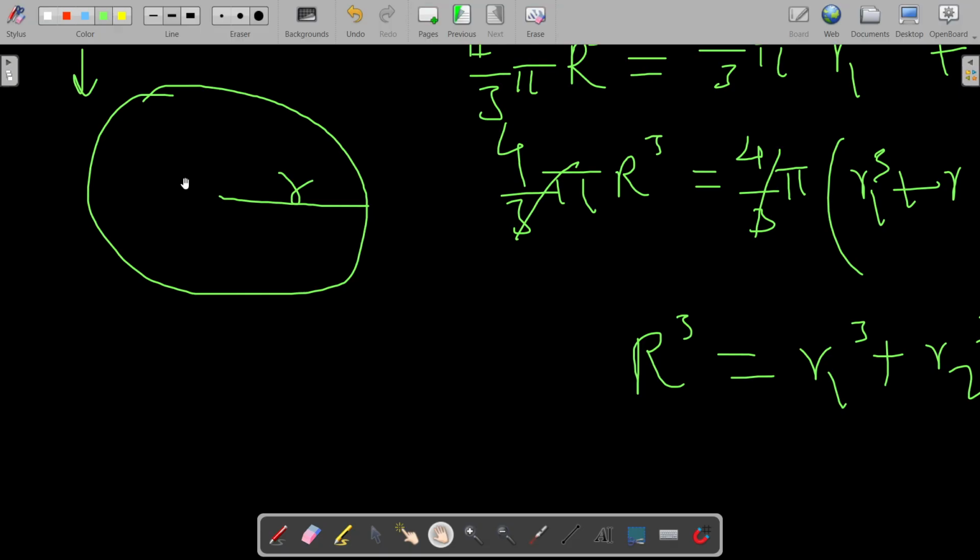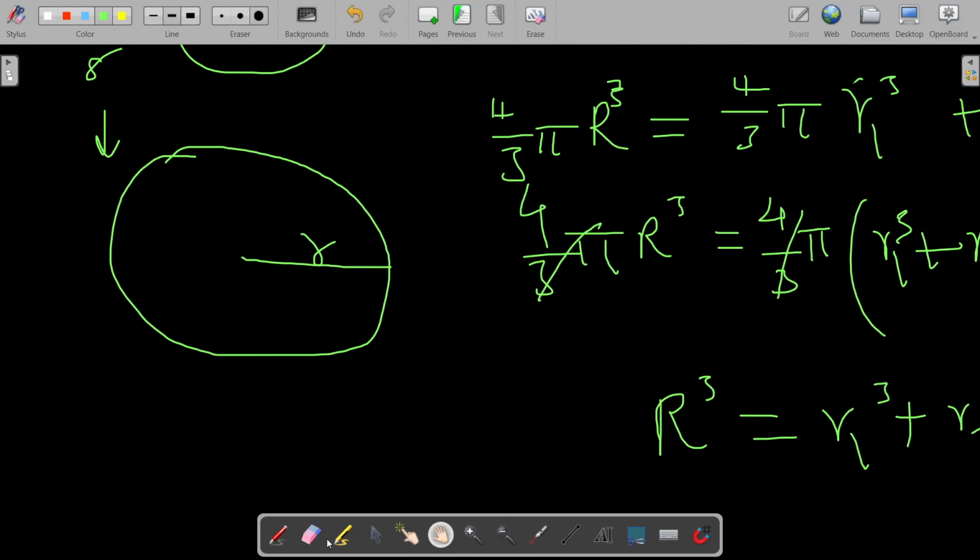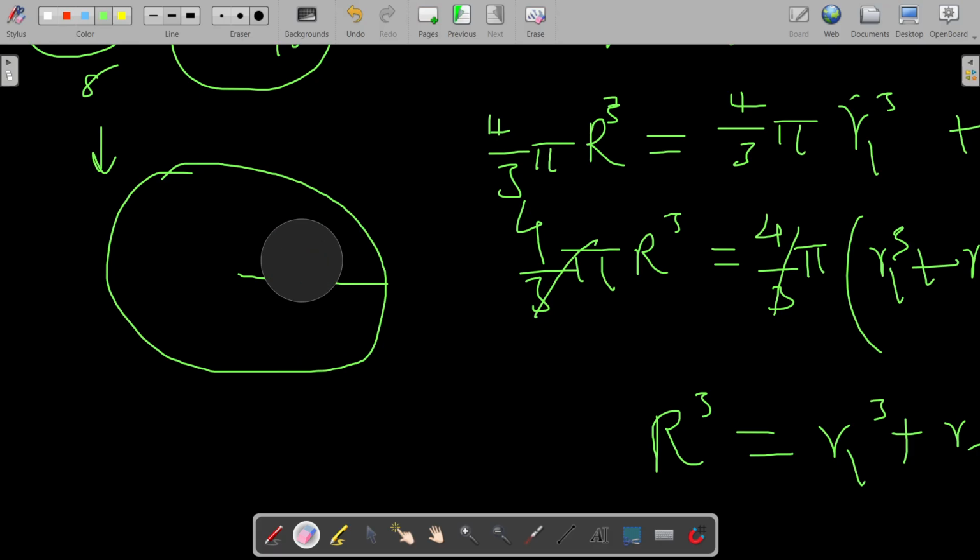Capital R is the radius of the big sphere.